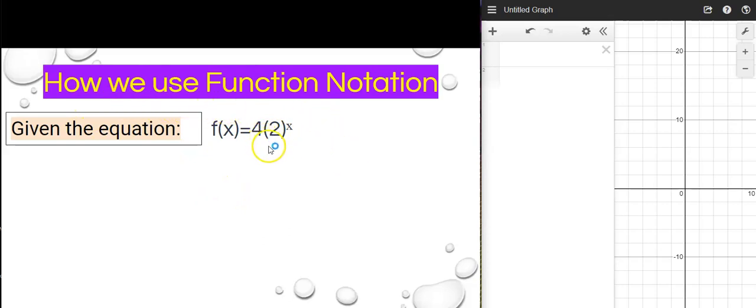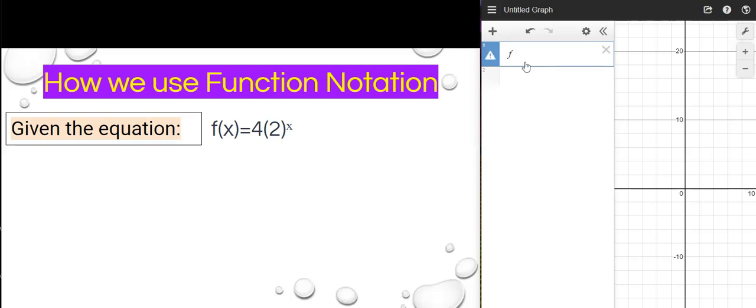So we're always going to take a look at examples as we're going through this information. First of all, you see I have this equation, and this time I don't have y equals, but I have f of x equals. Okay, f of x equals this equation. Now I'm going to come over to Desmos because I want to type that in and show you that it's not going to make a difference.